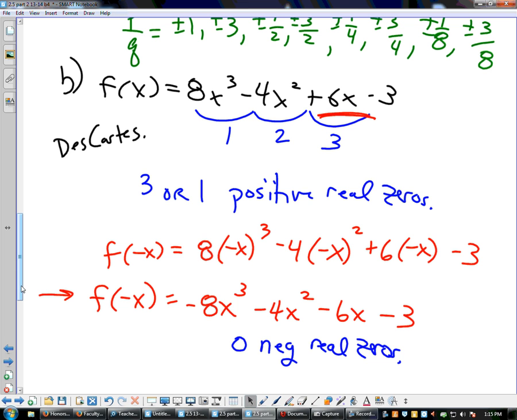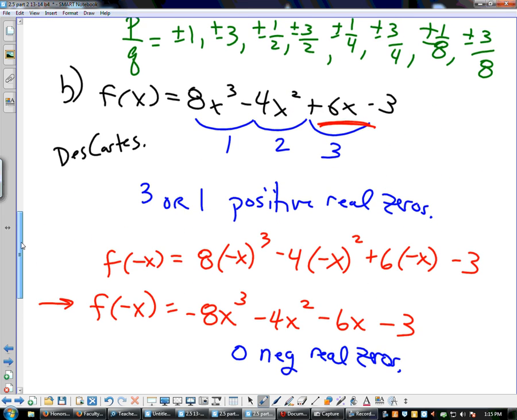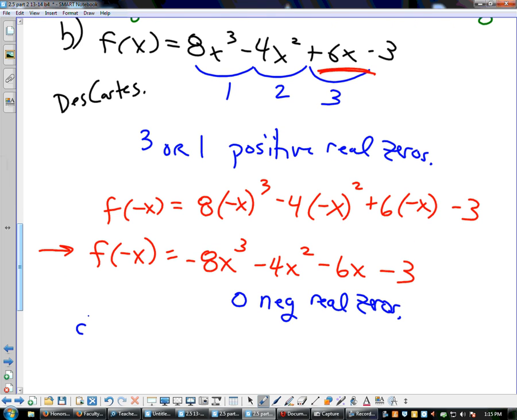So then what about the upper and lower bound test to help narrow down our search? If we're going to do the upper bound test on our function, I'll call this part C. Let me get the function written again.